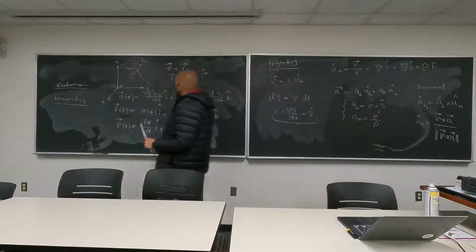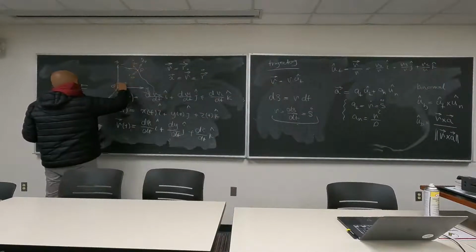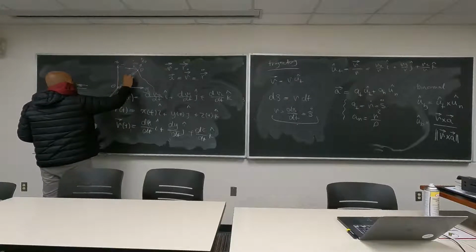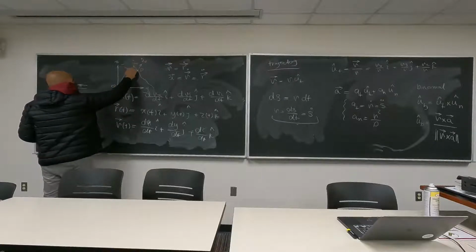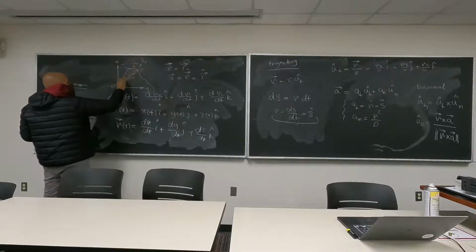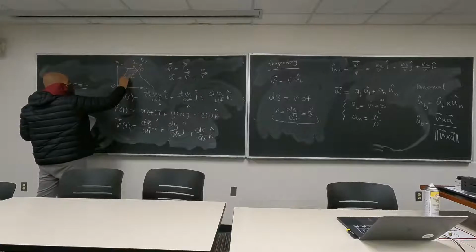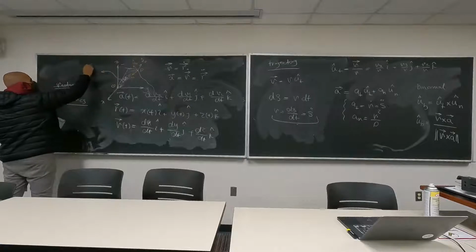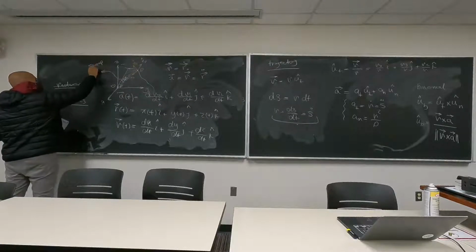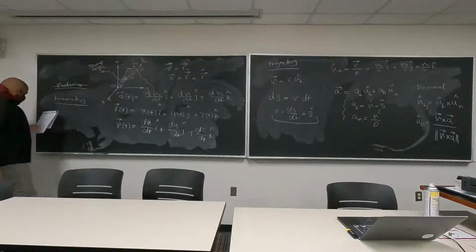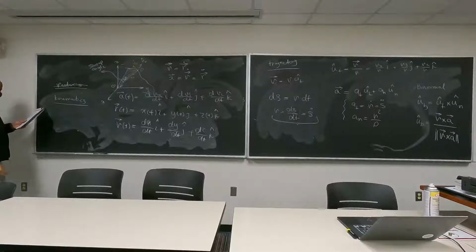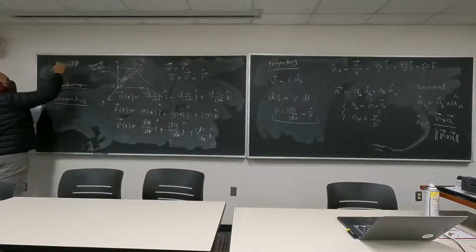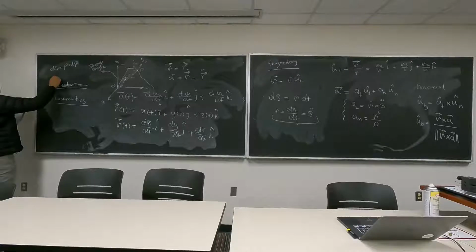As this particle P moves on this trajectory, it sweeps an area, right? It sweeps this area when it comes to the origin. There is angle phi. That is called the sweep angle. And the sweep angle can be calculated using ds.